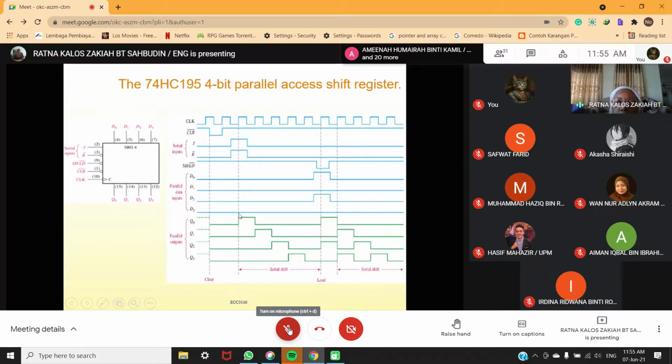So this is the data here, serial shift, but this is the real data when you load it, because you load the data here since you want to use the parallel in. So you have here 1010. So 1 here, 0 here, 1 here, 0 here. So here it will shift. See, it will shift here. So this is the data that you had in the input just now.